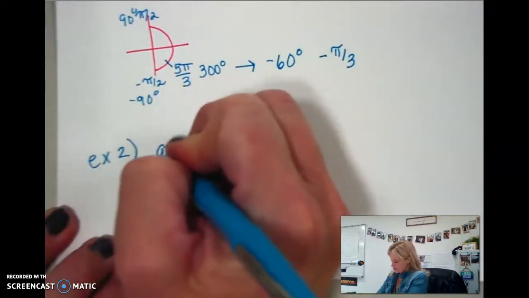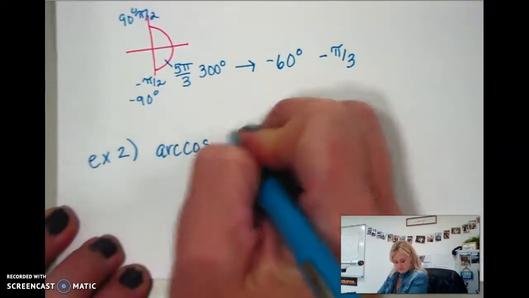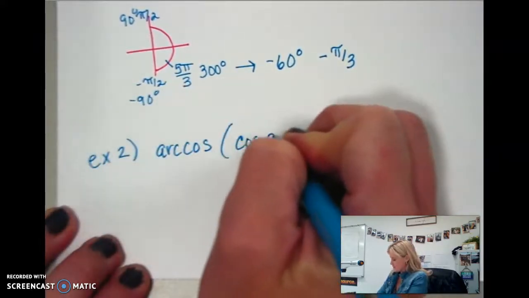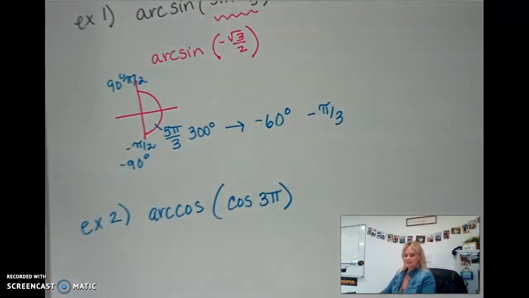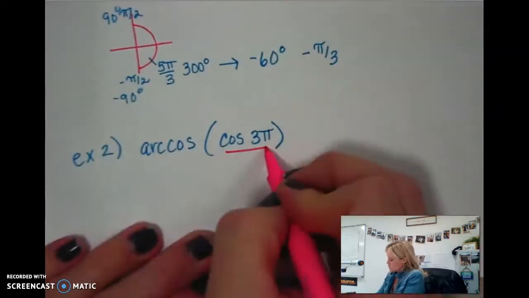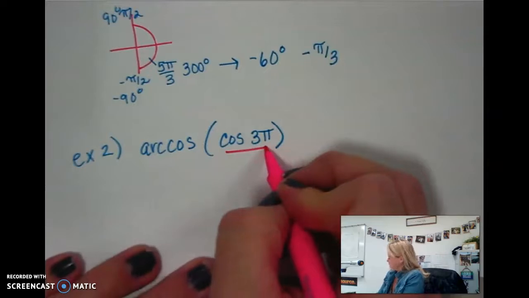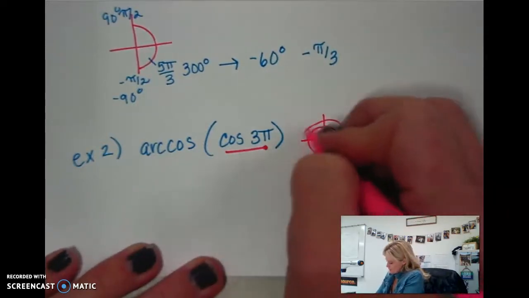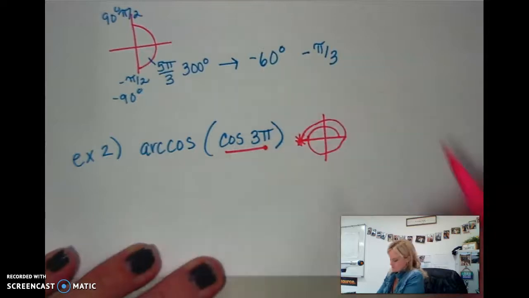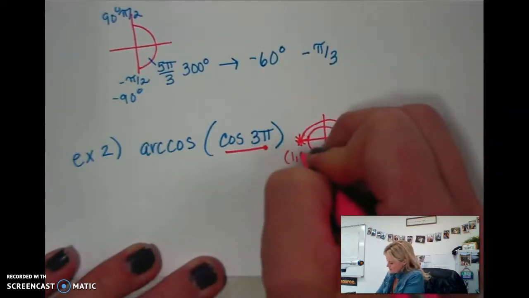What is the arc cosine of the cosine of 3 pi? So again, work your way inside out. What is cosine at 3 pi? Well, think about this. 1 pi, 2 pi, 3 pi, we're right here. Cosine is -1.